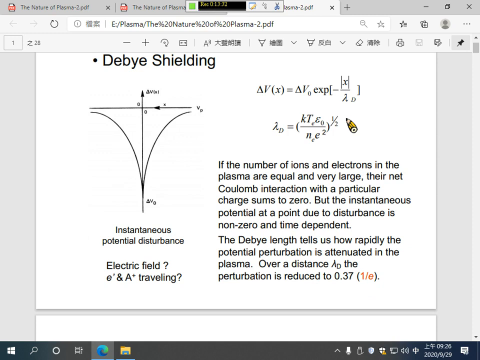So the Debye length depends on the electron temperature and electron density.